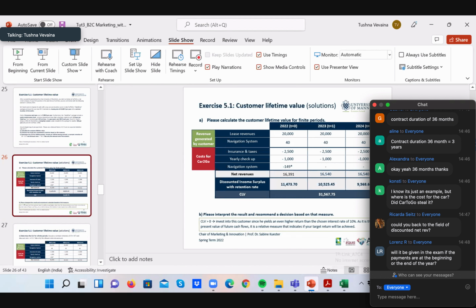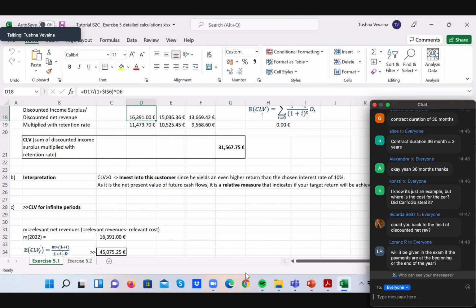Interpreting the result, we say that the CLV is greater than 0, and that's why you invest in this customer. You're also asked to describe investing in comparison to your interest rate. We are saying that the customer yields a higher return than even the interest rate in the market at that period of time.